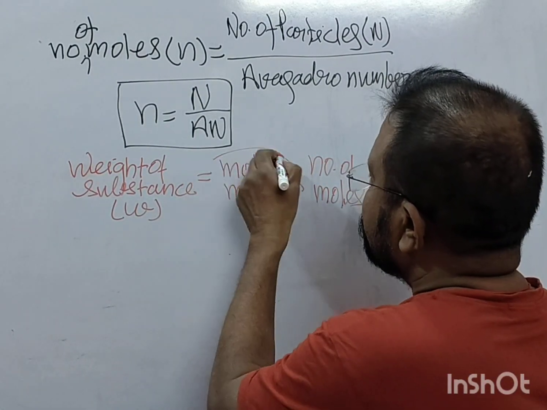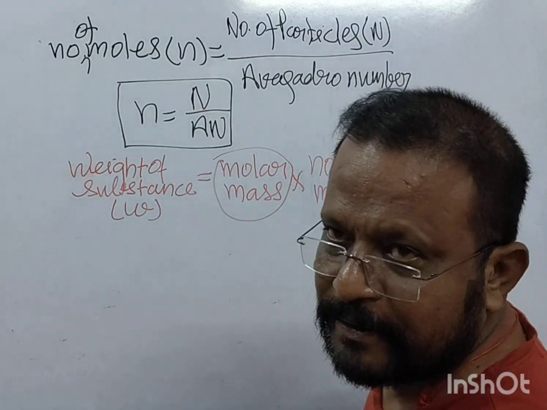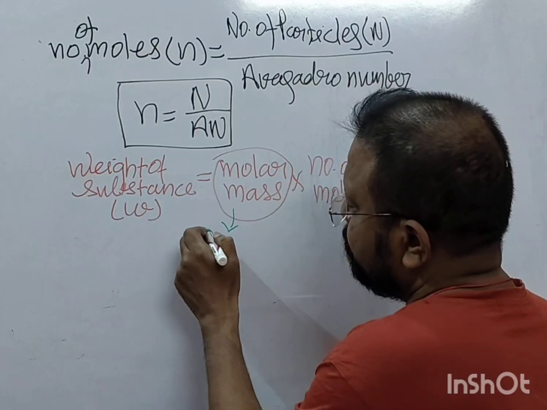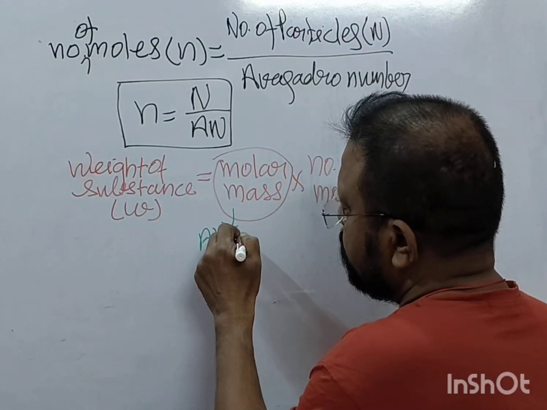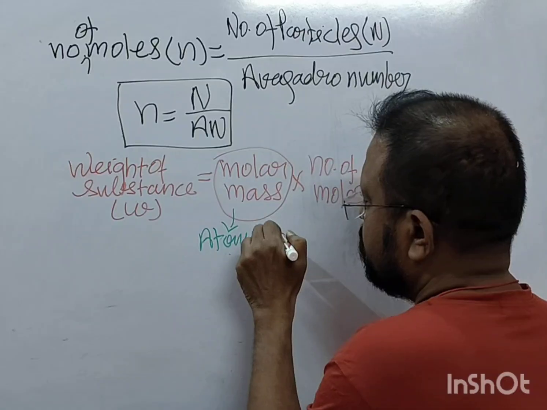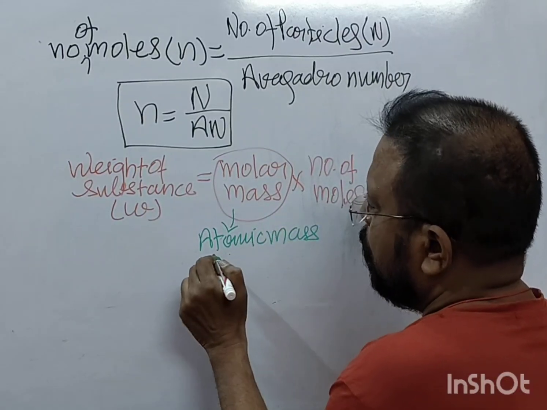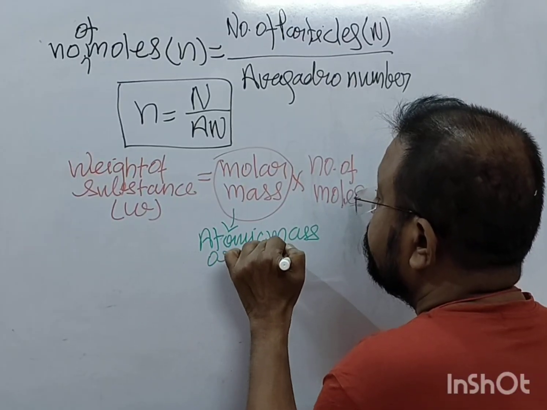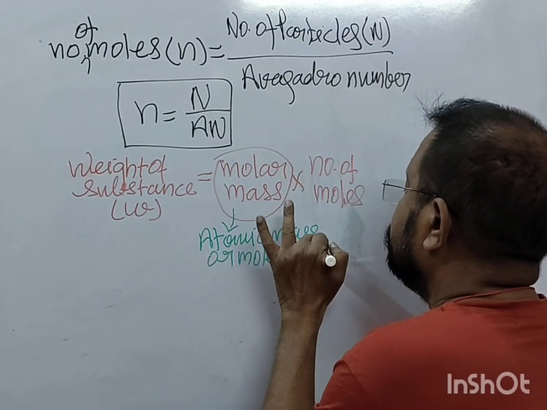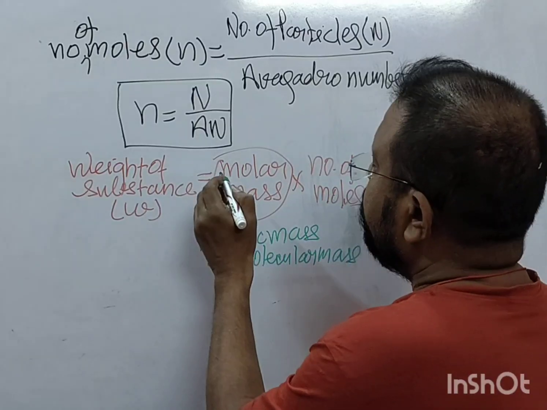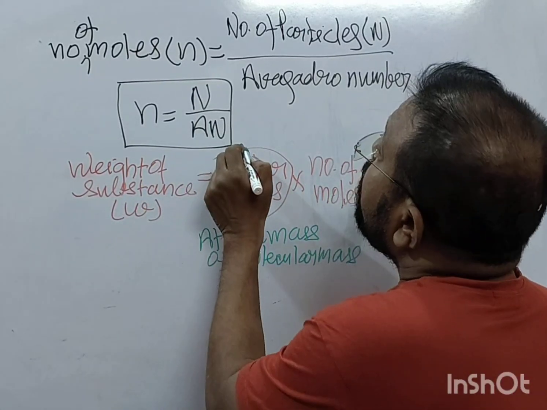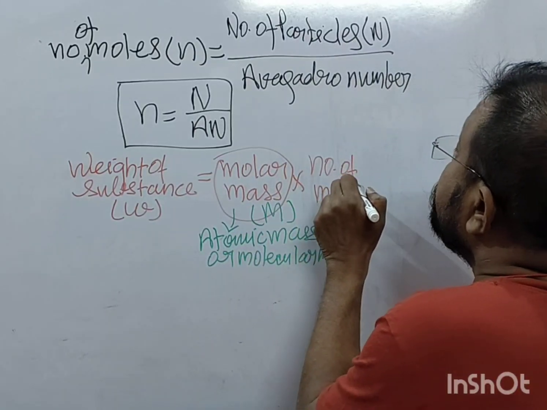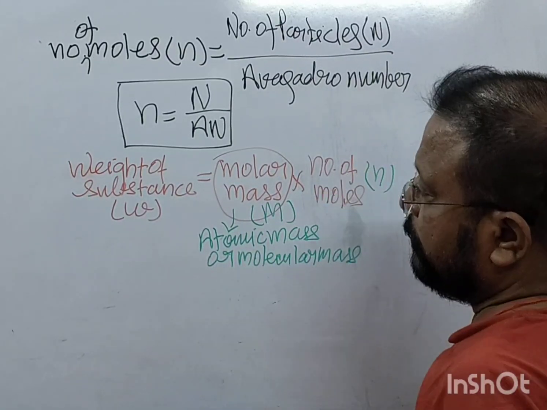What is molar mass? Molar mass is atomic mass or molecular mass. We write it with capital M, and number of moles we write with small n, right?